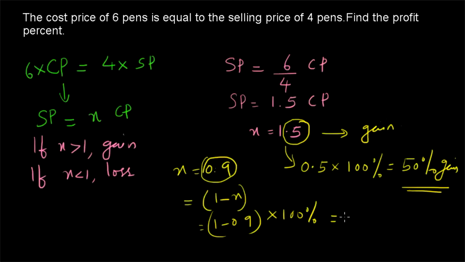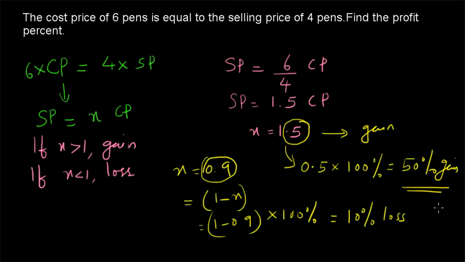So 0.1 into 100 percent is equal to 10 percent loss. Similarly, if it is 0.8, 1 minus 0.8 into 100 percent gives us 20 percent loss. So 0.5 means 1 minus 0.5 into 100 percent, which gives us 50 percent loss. As you go on doing the problems, this method will become more familiar. So for the time being, the answer to our question is 50 percent gain.